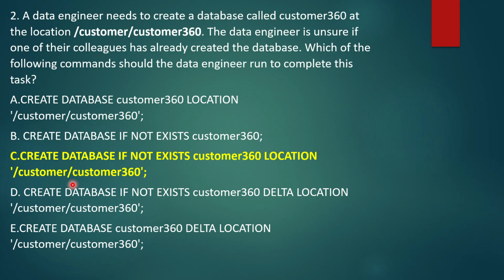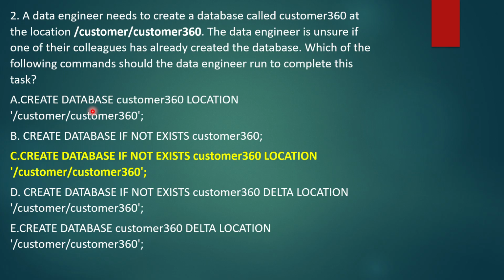The main goal of this question is to create the database if it does not already exist, specifying the location as customer360 where the database should be stored, and to avoid failure if the database is already created.